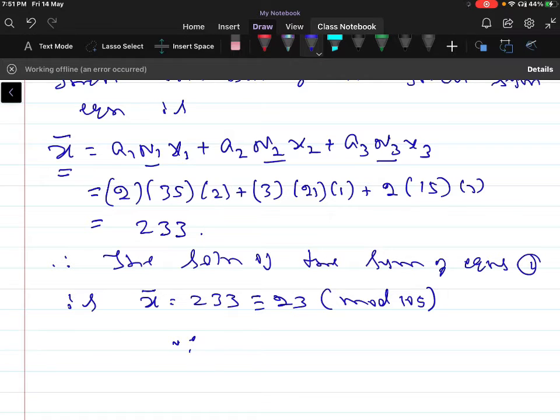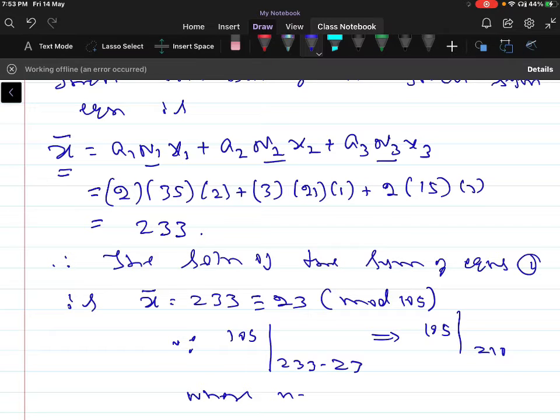Since 105 divides 233 minus 23, this implies 105 divides 210, where n is equal to 105, that is equal to n1 into n2 into n3.